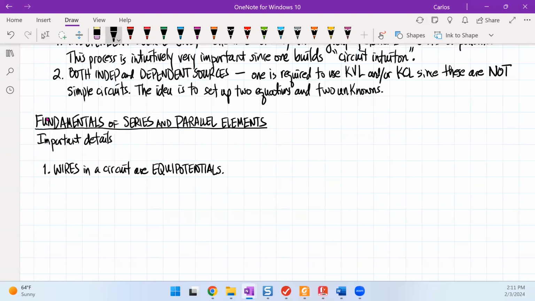In other words, they form an equipotential surface. One assumes wires have no internal resistance.